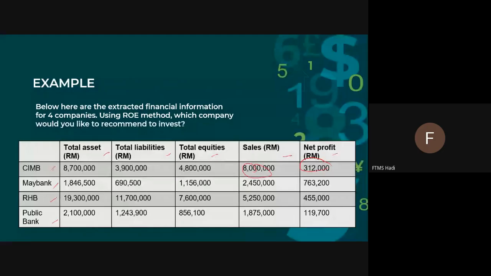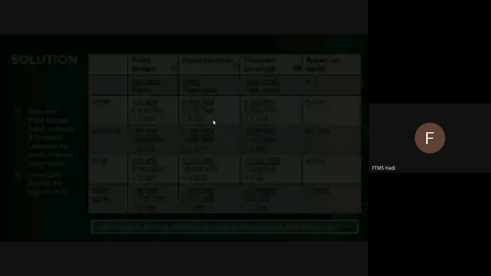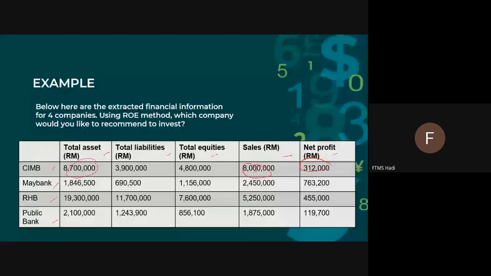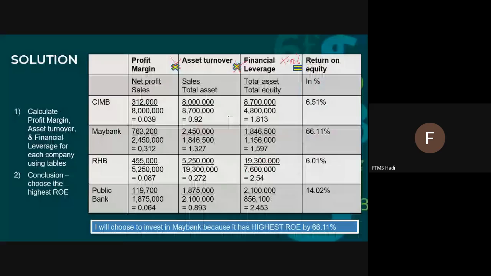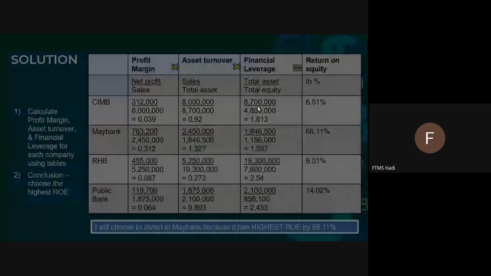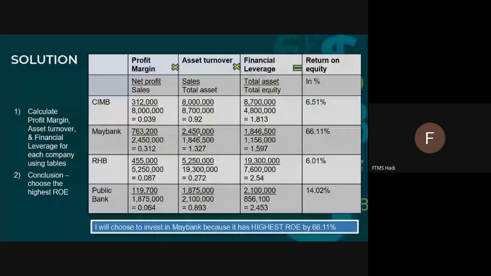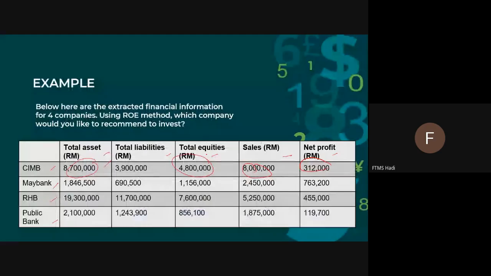And then sales divided by total asset. Sales divided by total asset is here, 0.92, and then total asset divided by total equity. Total asset, this one, divided by total equity. So you got this one.